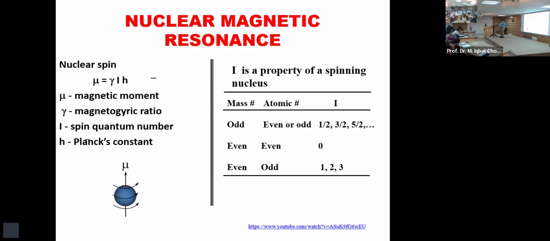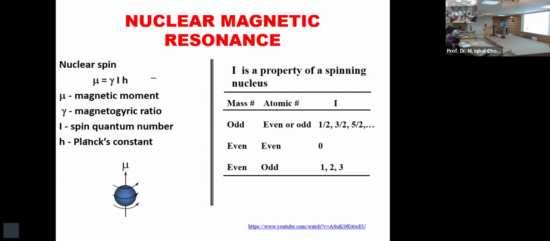Think of it. Why does this happen? Fundamental basic property: when the mass is even and the atomic number is even, these are not NMR active. Carbon 12, NMR active or not? Why? I ask you why.